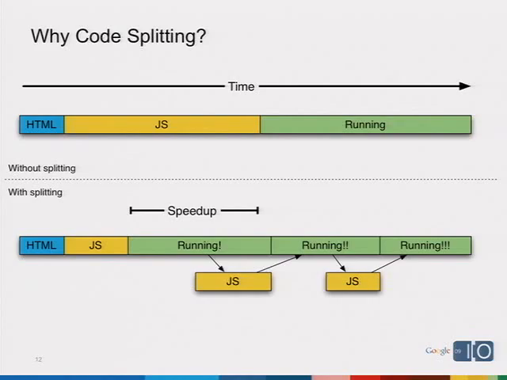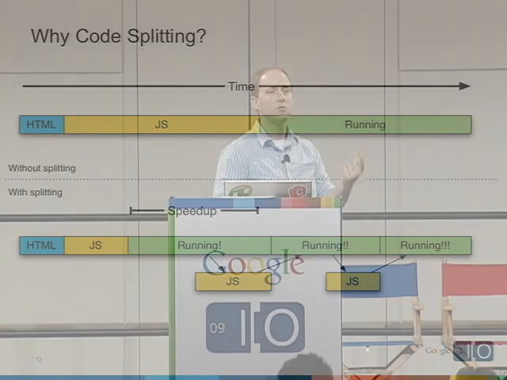So the application remains usable even while more code is loading. I guess that's kind of obvious, but the net effect is that the sum of all the green is the amount of time that the user is able to use the application, and there's a significantly longer amount of time that the application is active, and it stays active the whole time.